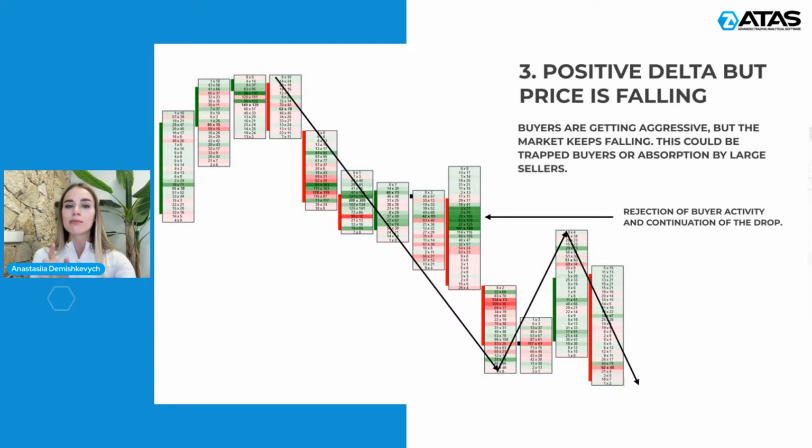It doesn't only matter what is inside of this specific footprint candle, but it also matters where the price goes in the next candle. Because since the next candle also continued dropping, you clearly know this was a resistance, this was absorption of buyers, and you can clearly know that you may use this as an entry point for the short continuation.